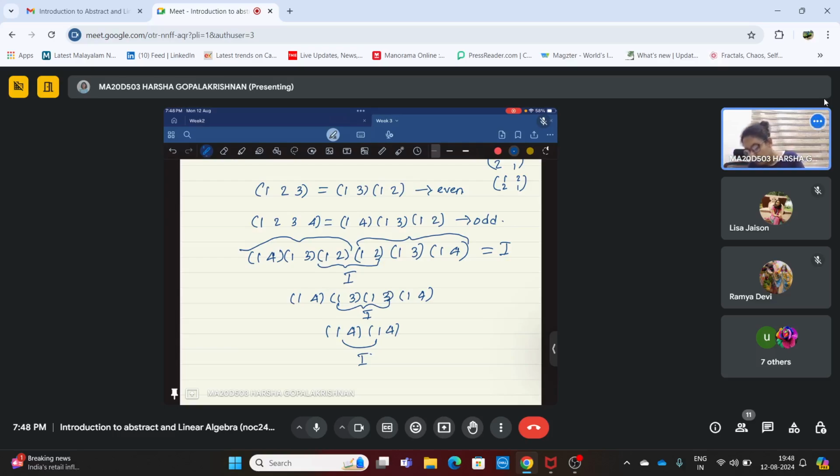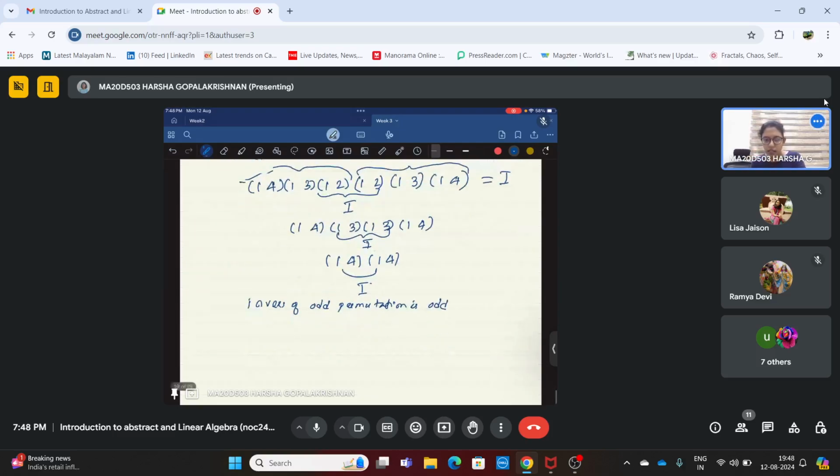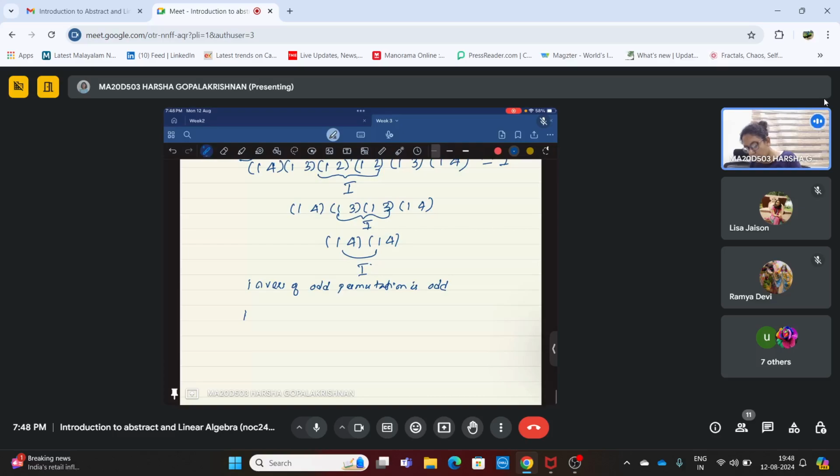Okay, so the inverse of an odd permutation is odd. In the same way, can anyone say the inverse of an even permutation? Yeah, it should be even. It is the same logic. Okay, because we can write it in the reverse way, so that we will get the identity.